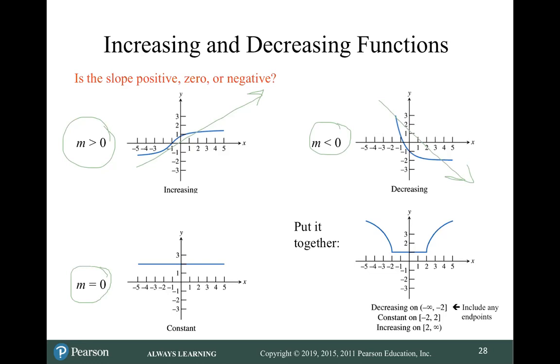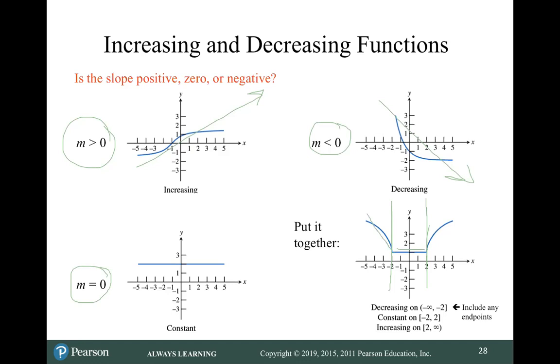So in this graph, the graph is going down and then it stops. So at -2, it switches from decreasing to being constant. And then it's constant until +2, where now it is increasing. Notice that the endpoints are included in our intervals.